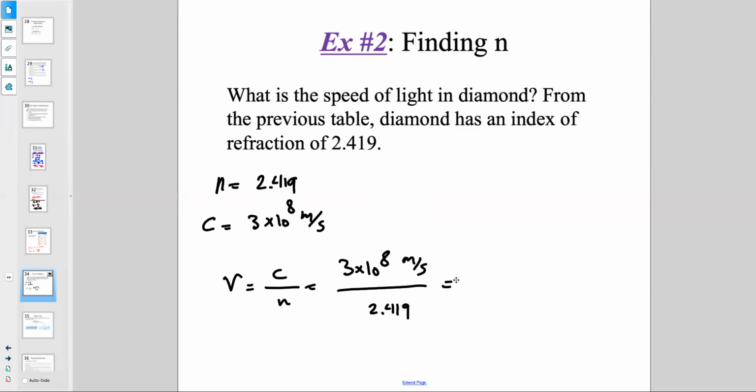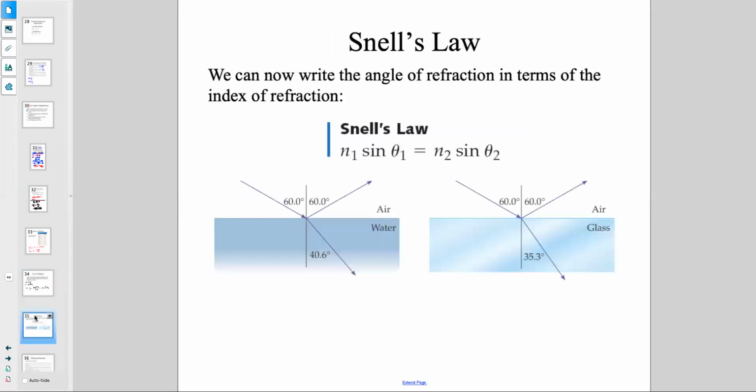And let's see what it is. So I have 3 over 2.419, and this gave me 1.24 times 10 to the power 8 meters per second. See, it's way less than 3. It's 1.24, so it's lower, and we know that.